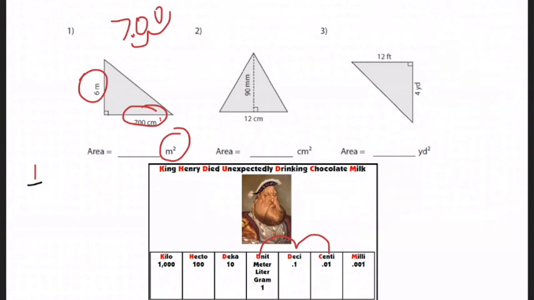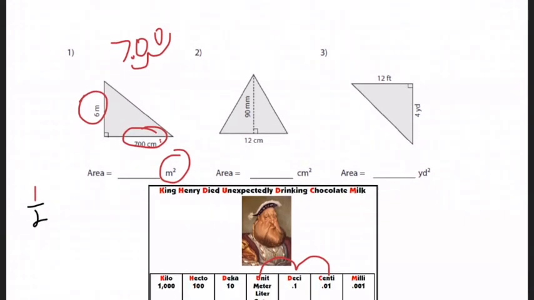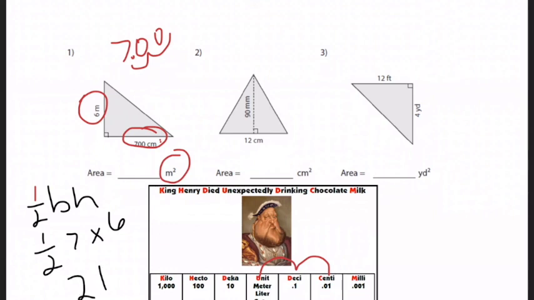So it's 1/2 base times height. 1/2, the base is 7 now, times the height, which is 6. Half of 6 is 3. 3 times 7 is 21. So that one's going to be 21 meters squared. You guys try number 2 and 3, and then I'll give you the answers.